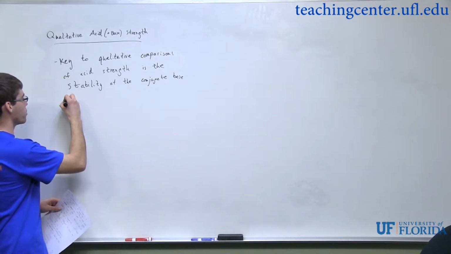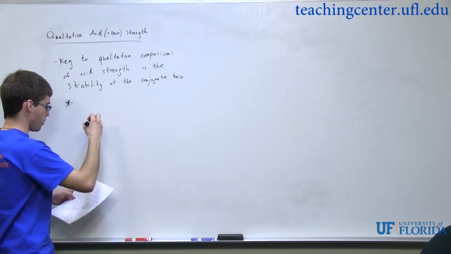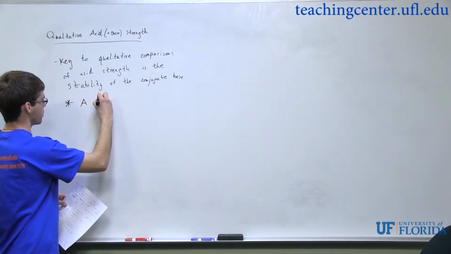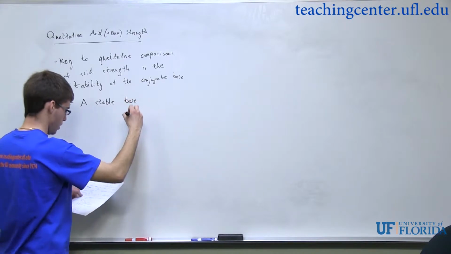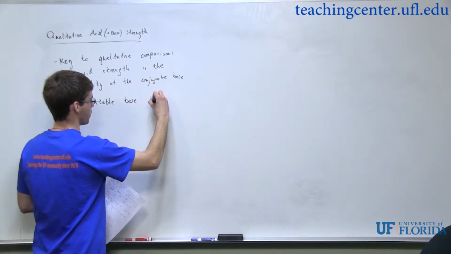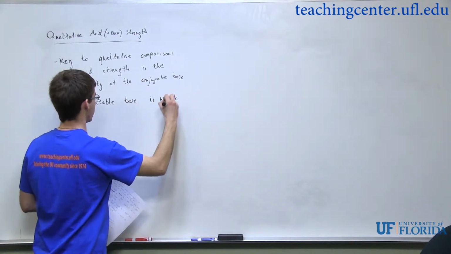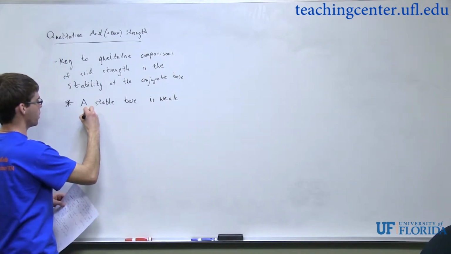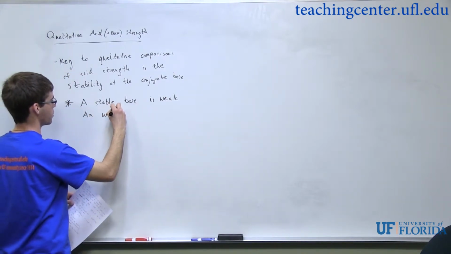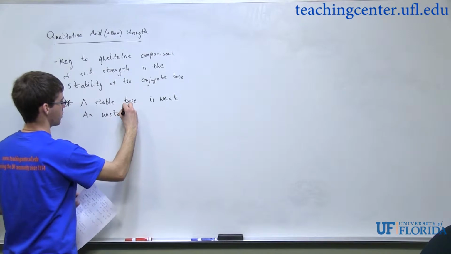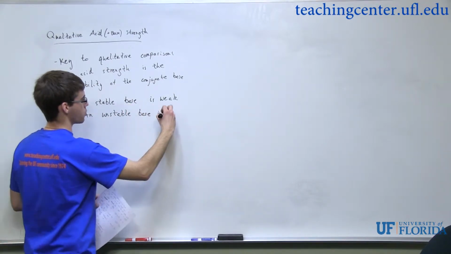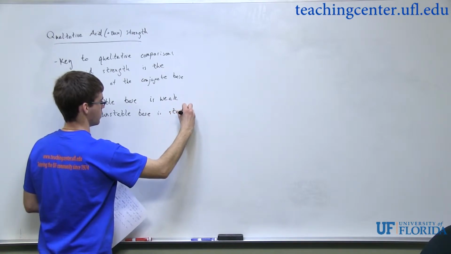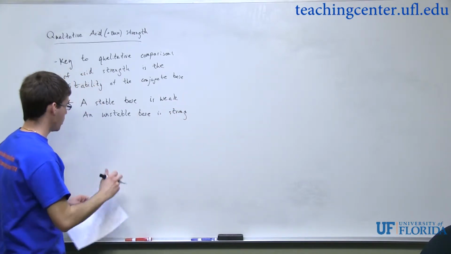So really important: a stable base is weak. An unstable base is strong. All right?